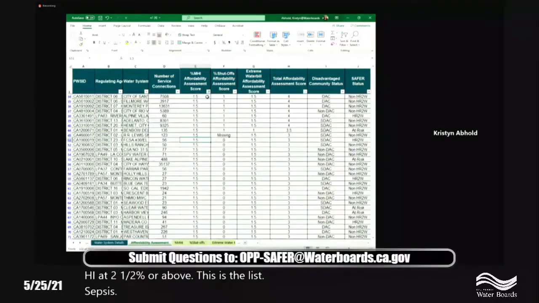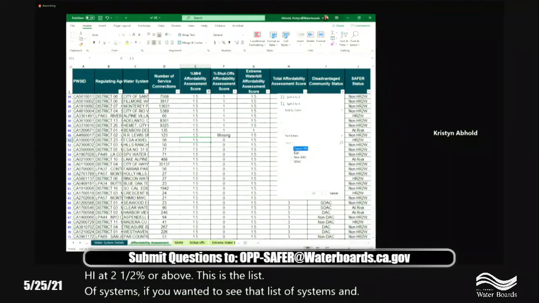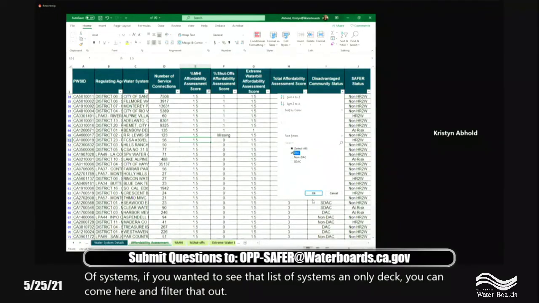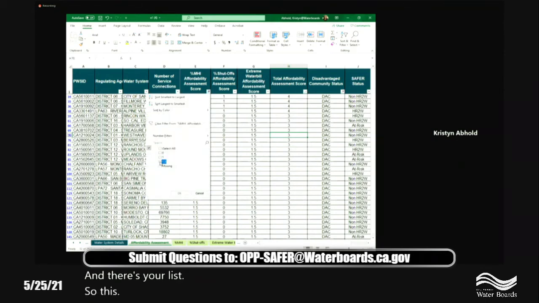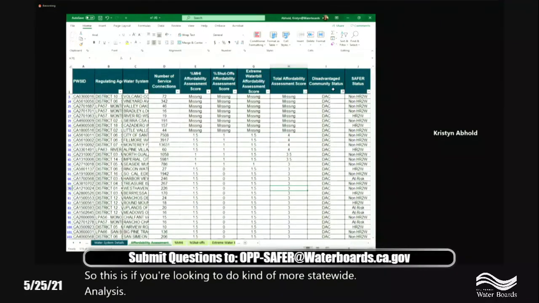If you wanted to see that list of systems and only DAC, you can come here and filter that out. And there's your list. So if you're looking to do more statewide analysis, you can definitely use the spreadsheet to do that.